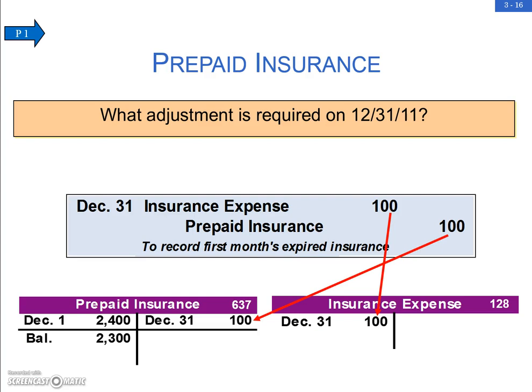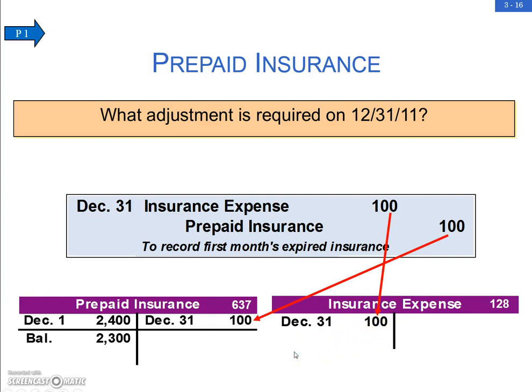And now on December 31st, when we go tell the world, hey, we've got prepaid insurance, an asset that's worth $2,300, we are telling the truth. We're not overstating our assets, and we're not overstating our net income because we've properly recognized our expense of $100.